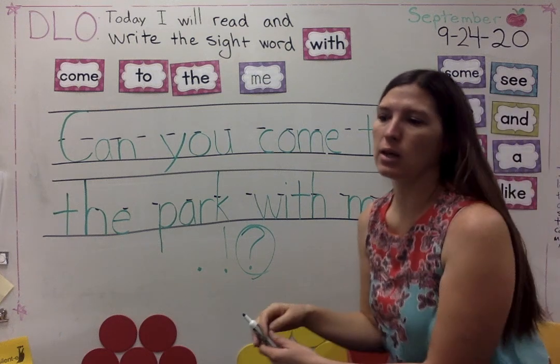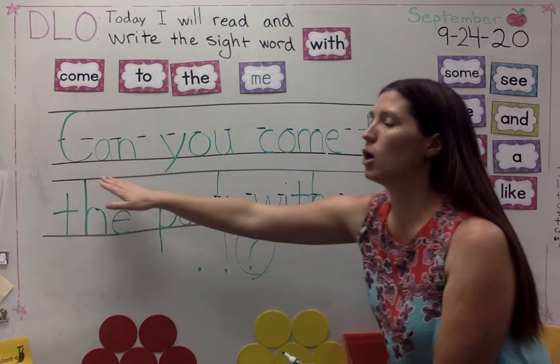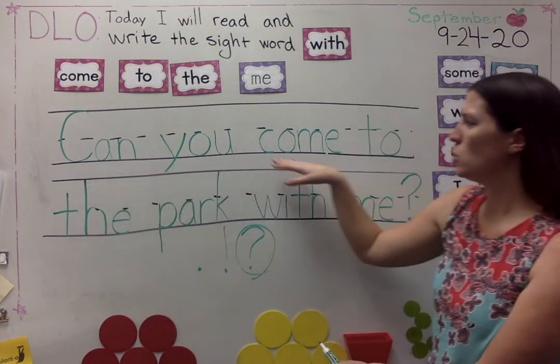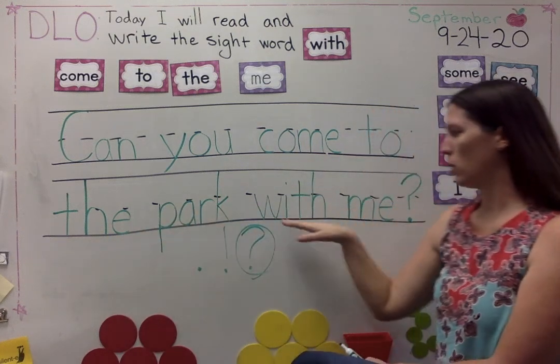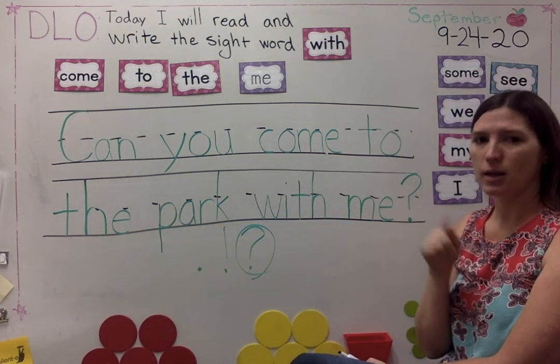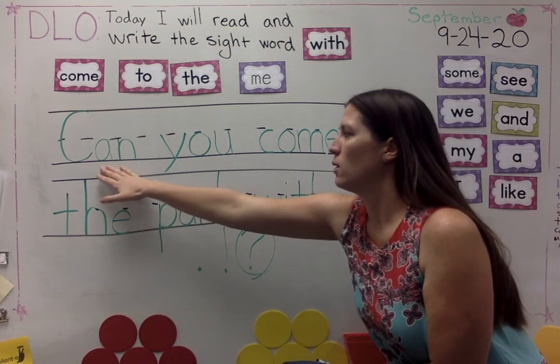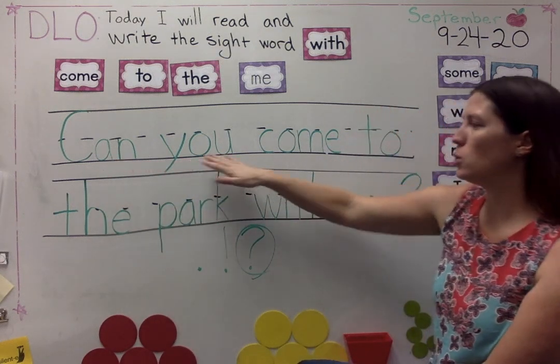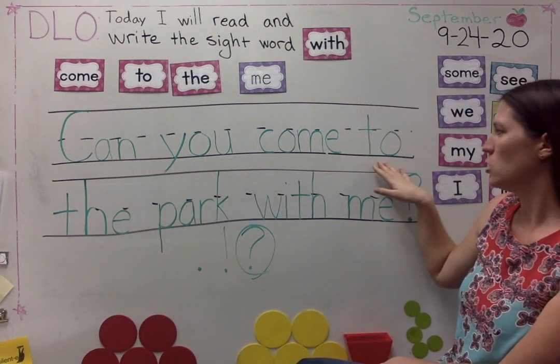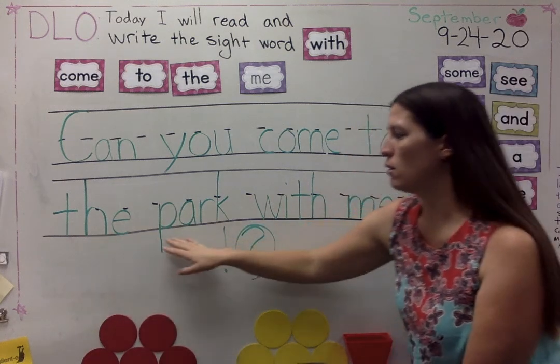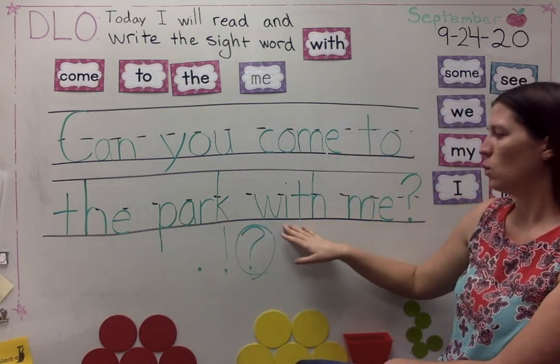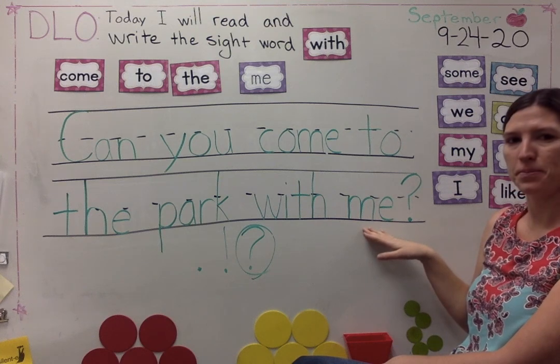Let's read this sentence together and I'll go over our worksheet. I'll go first. Can you come to the park with me? Now it's your turn. Read it with me. Can you come to the park with me?